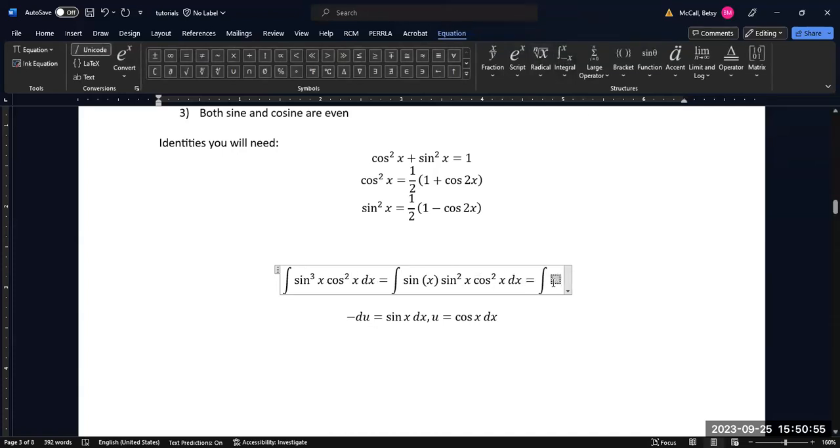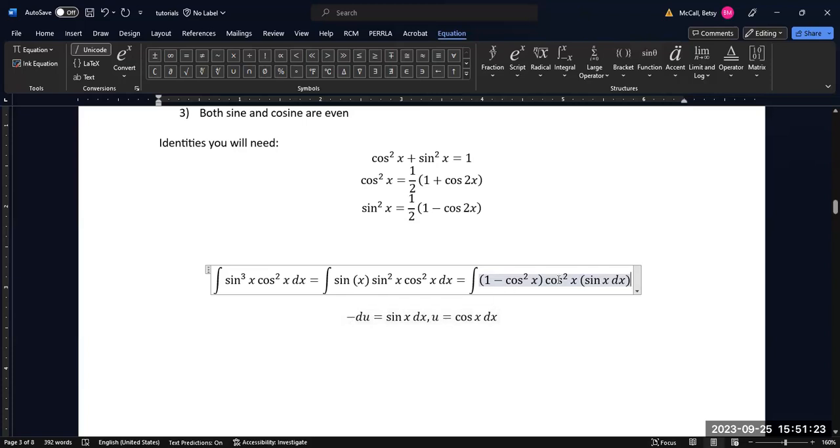So I'm going to rearrange things just a little bit. The sine squared x, I'm going to replace with 1 minus cosine squared x. I still have my cosine squared x from before, and then my sine x dx is now going to be replaced by my negative du.